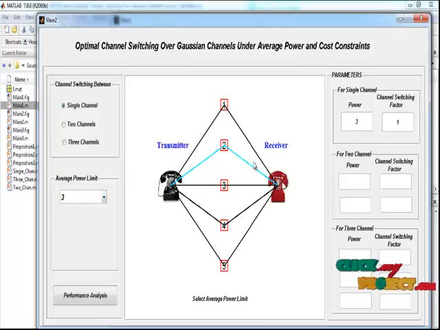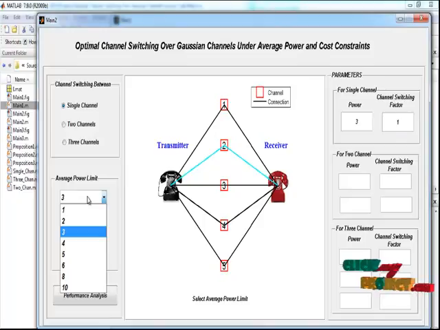Here performing the channel switching operation via second channel, and here I display the power and channel switching factor for a single channel. And now here we change to another average power limit.